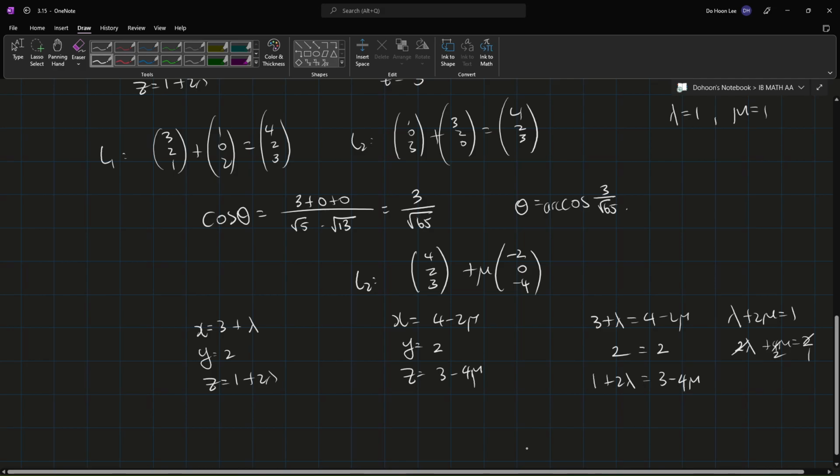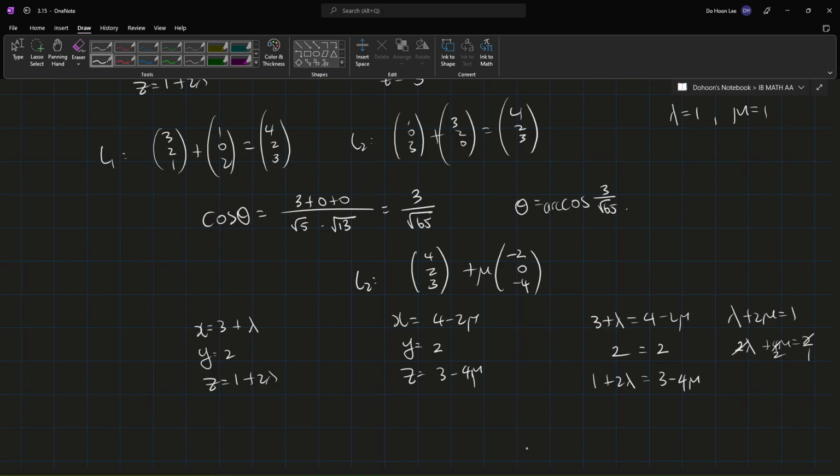This time we cannot use the system of equations, and at this point we notice that for any value of lambda and mu, the equations are always true. Therefore, this means that there are an infinite number of solutions. What does that mean? Well, that means that the two lines are coincident.